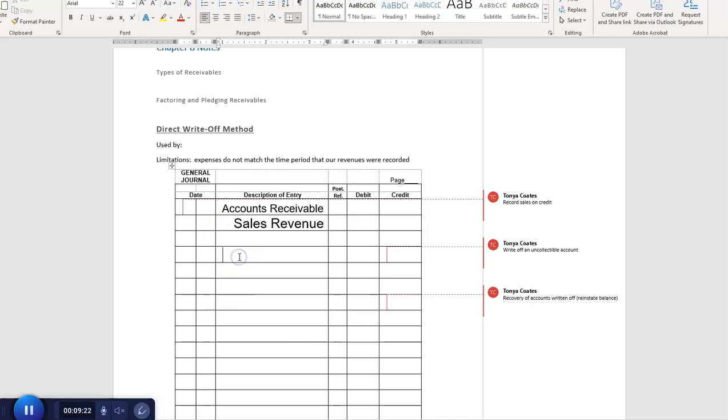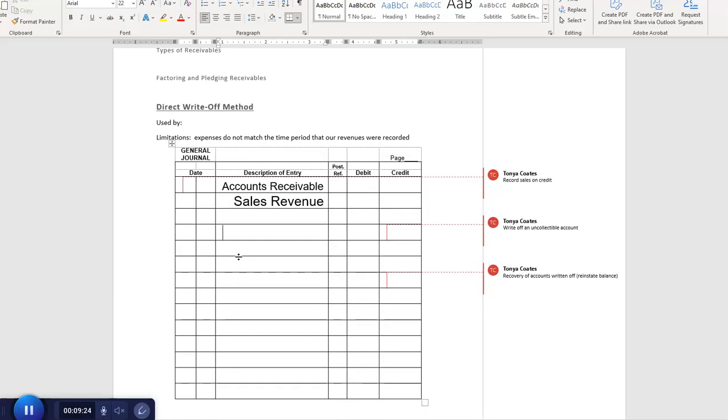Then if we write off an account, we find out later, probably a minimum of 30 days, probably 60 or 90 days later, that we've tried every avenue to collect. If you're a small company and a customer doesn't pay, you'll keep a record of that. You would probably call them several times and request payment. Then I would suggest you send a certified letter, because you're going to need to show that you tried to collect the money from them.